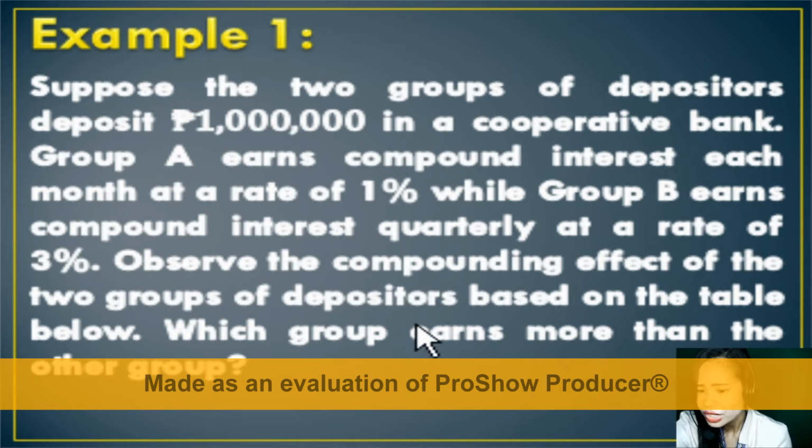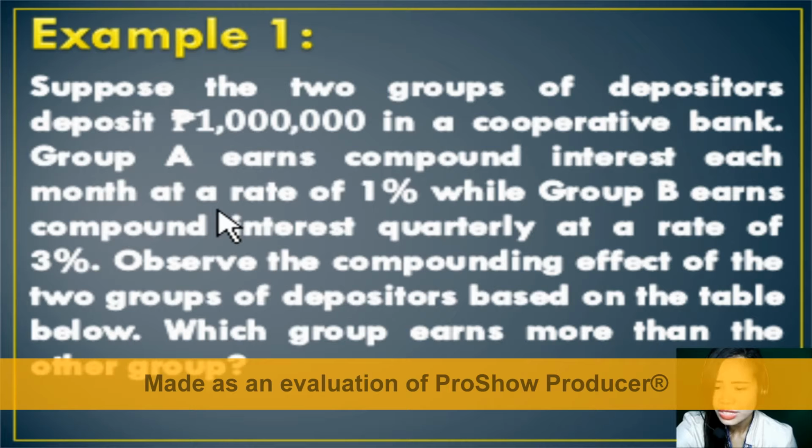So what's the difference between Group A and Group B in the problem? In Group A, the interest is compounded how many times a year? Monthly, meaning 12 times in a year. However, in Group B, the money is compounded quarterly.